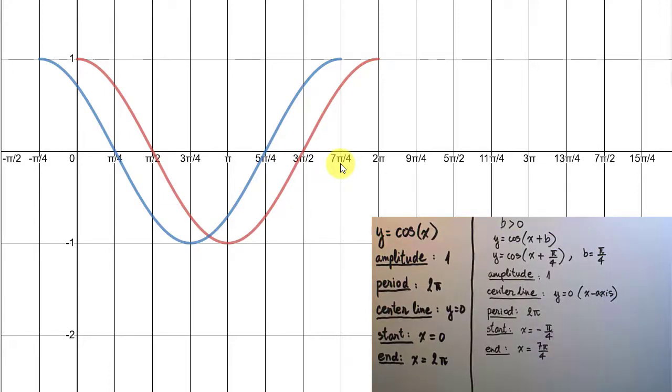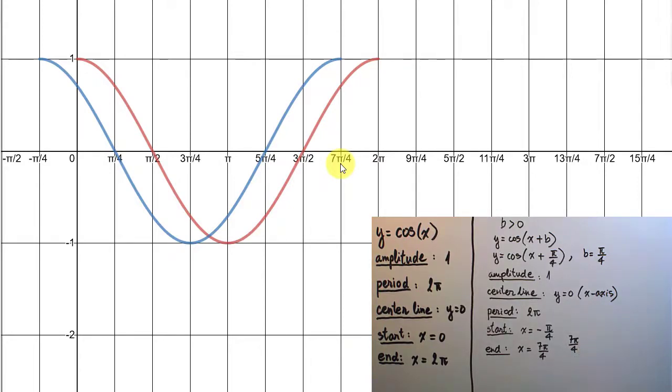And so in that way, before we move on further, let's double check and confirm to see if the start and the end here are consistent with our period. So on the graph, it shows that our ending is 7 pi over 4.